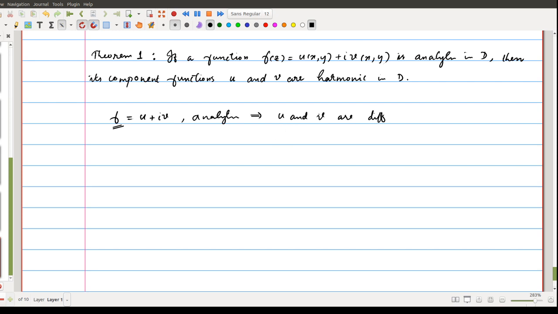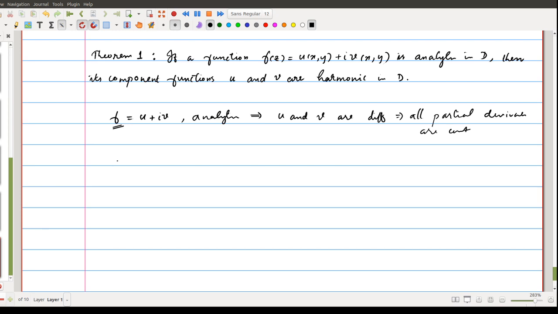We know that u and v being differentiable means all the partial derivatives exist and all are continuous as well. We are not going to prove all these things, so we can just write that the components of f are differentiable, consequently all partial derivatives are continuous.